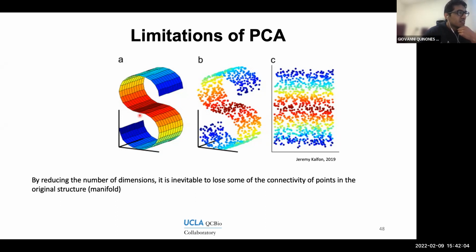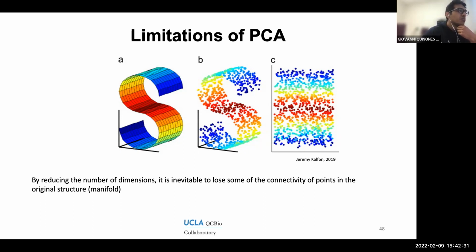Because this is an S shape, if you look at the distance between these dark blue dots and the middle dark red dots, you see they're actually not as far, or at least not further than the red dots and the yellow dots, right? However, in this plot, the dark red dots are as far as possible from the dark blue dots.